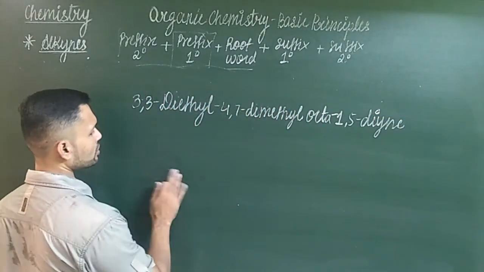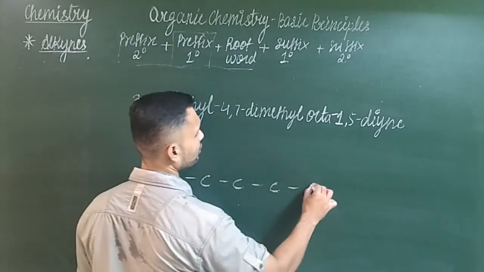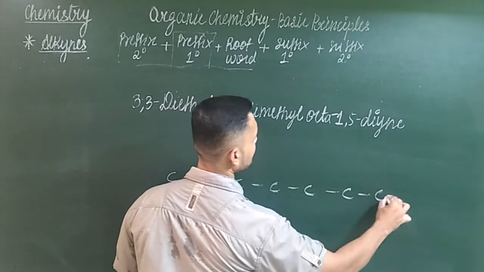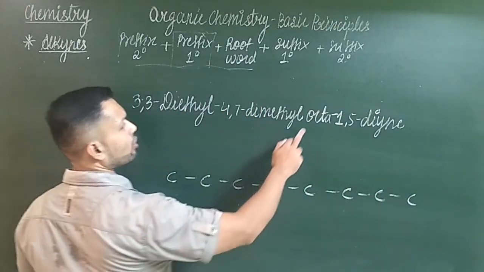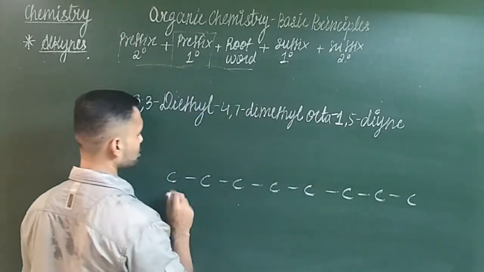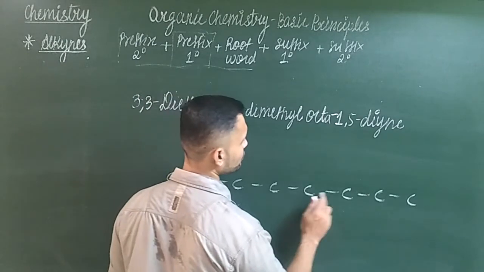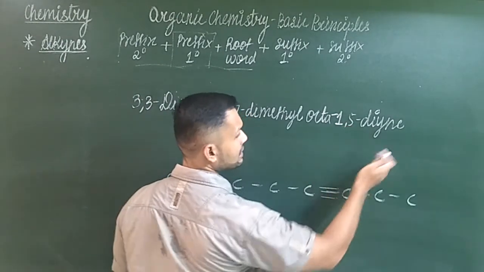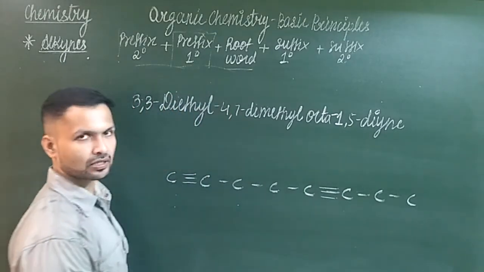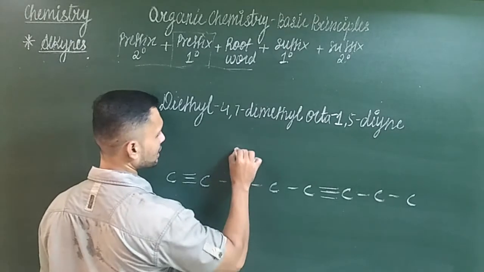Again, the longest chain is 8: 1, 2, 3, 4, 5, 6, 7 and 8. So here you can see there are 8 carbons. So this is 1. Here there is a triple bond, 3, 4, 5, so it's at 5 and 6. Got it? Next, 3,3-diethyl.